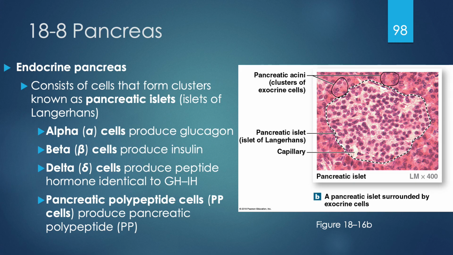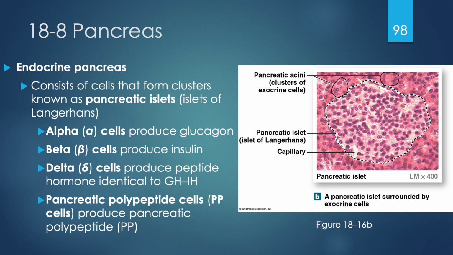The endocrine pancreas, which is the focus of this portion of our lecture, is the area of the pancreas that has cells known as pancreatic islets. And these clusters of cells, also known as islets of Langerhans, produce a number of different products. So we have 4 major cell types in this area, and they each have a different role. There are alpha cells, beta cells, delta cells, and pancreatic polypeptide cells.